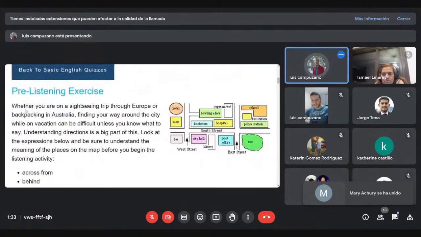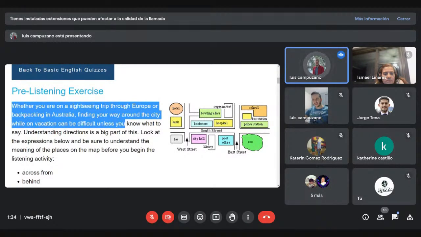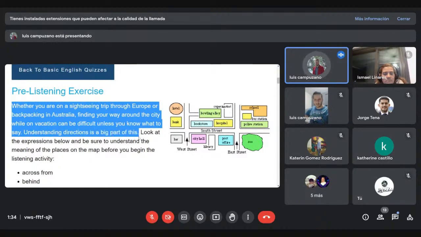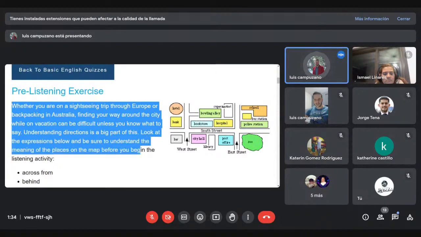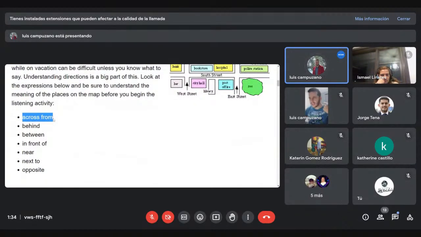It says here, whether you are on a sightseeing trip through Europe or backpacking in Australia, finding your way around the city while on vacation can be difficult unless you know what to say. Understanding directions is a big part of this. Look at the expressions below and be sure to understand the meaning of the places on the map before you begin the listening activity.